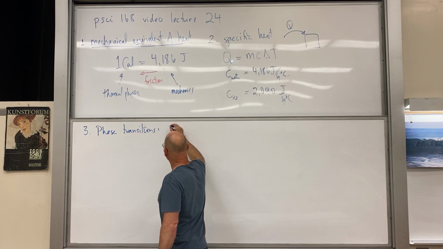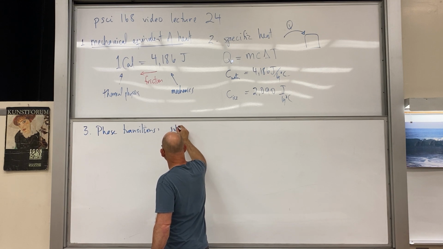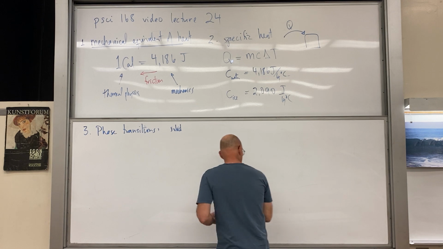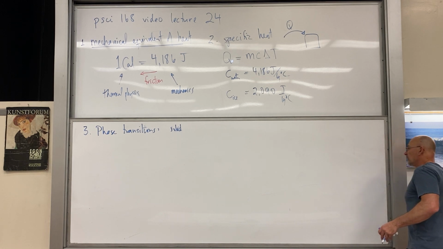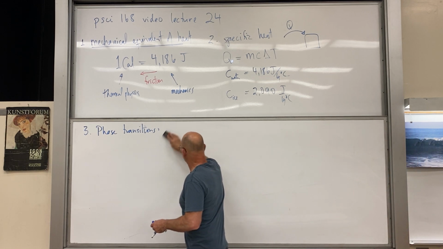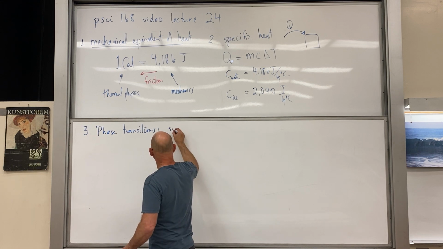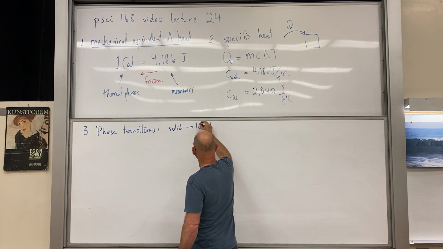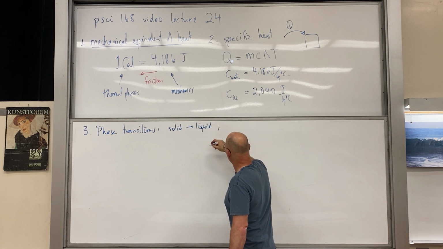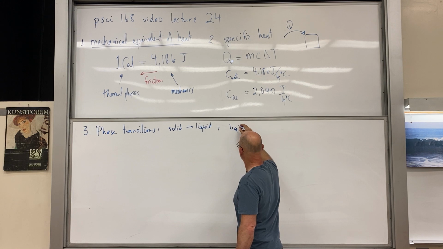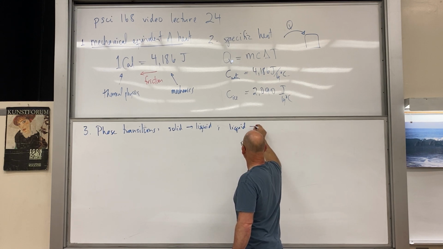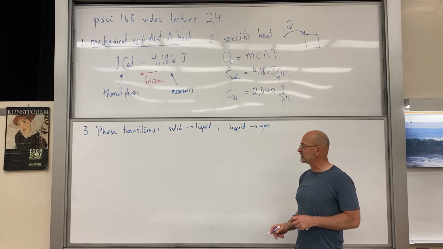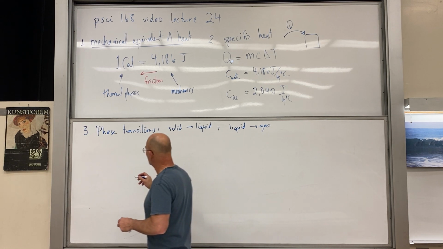States of matter: solid, here, let's write that better. Solid to liquid, and liquid to gas. Solid to liquid is a phase transition, and liquid to gas is also a phase transition. What we're going to look at is just the example of water.